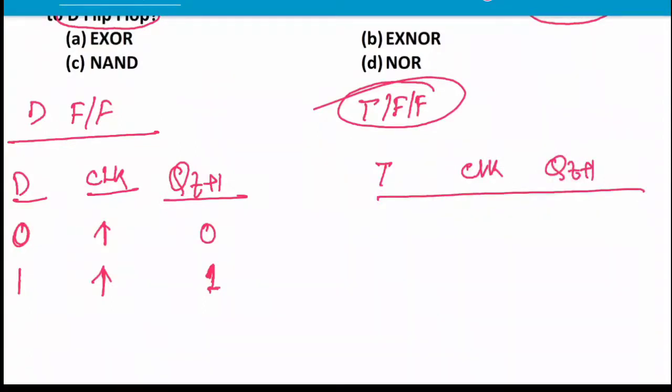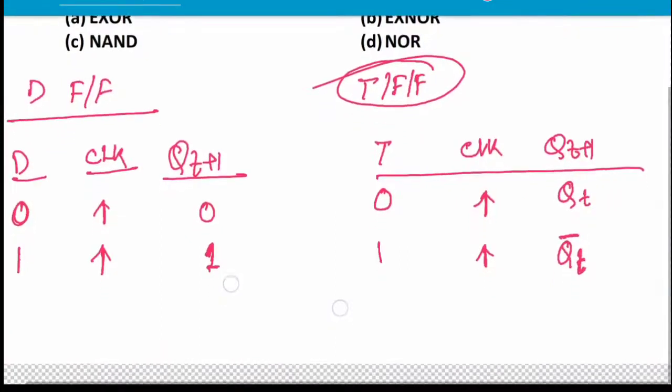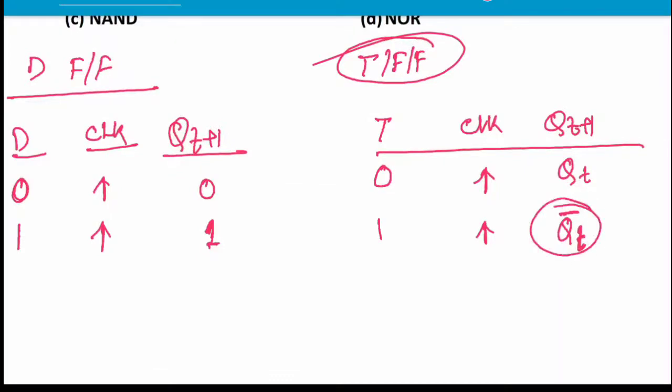For T equal to 0, if the clock is provided, then the output will be the previous one, that is QT, and if T is equal to 1, if the clock is provided, then the output will be the opposite, that is the complement of this one. So this is the toggle.